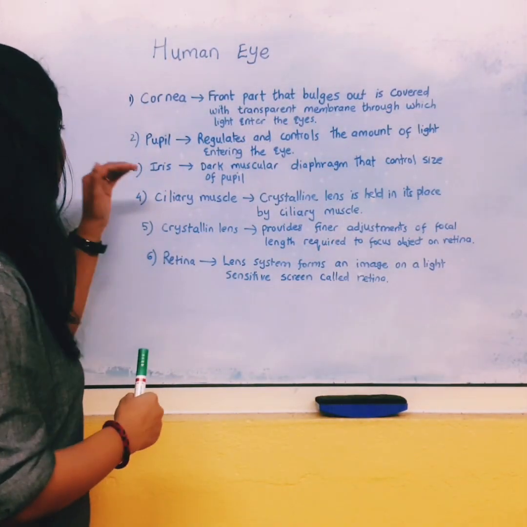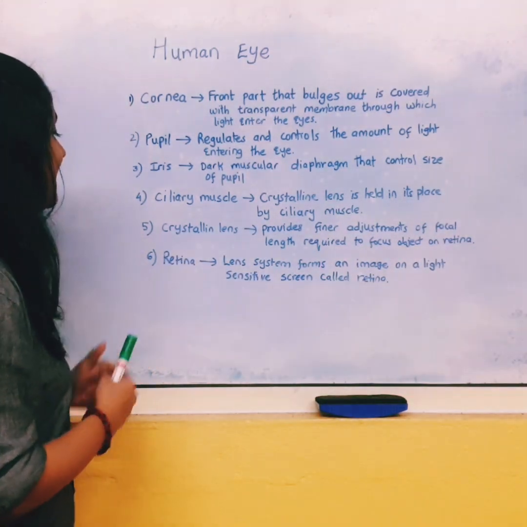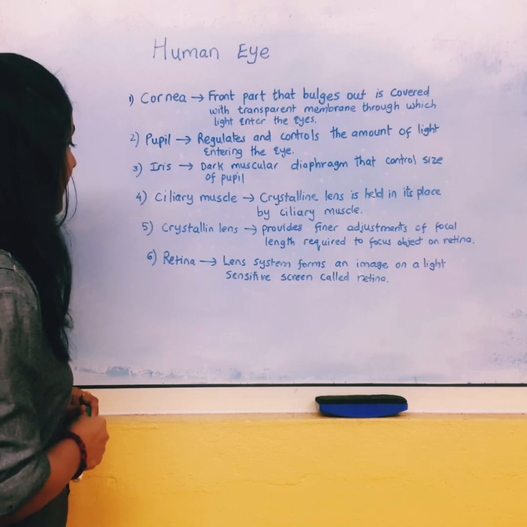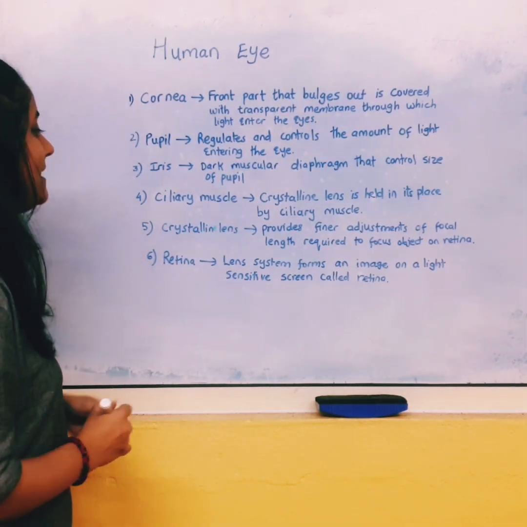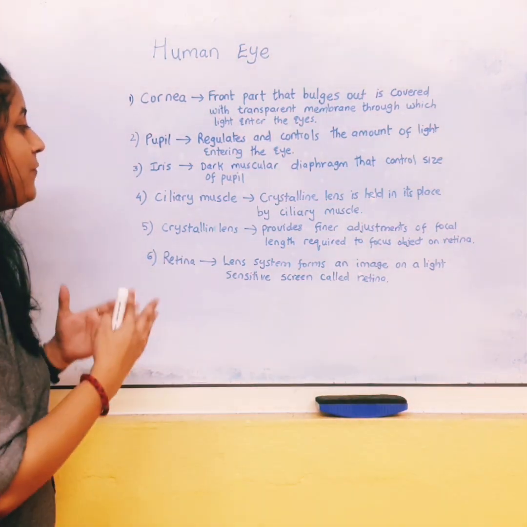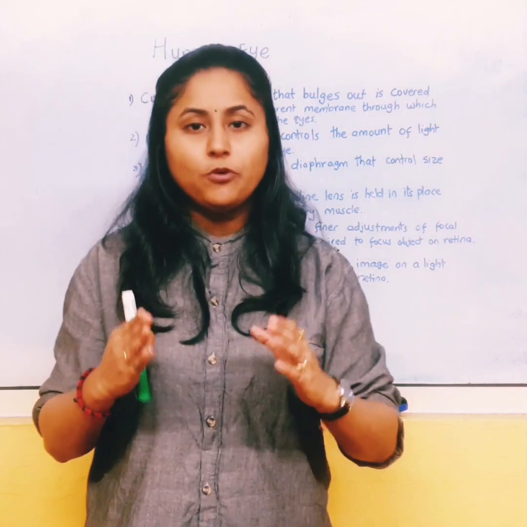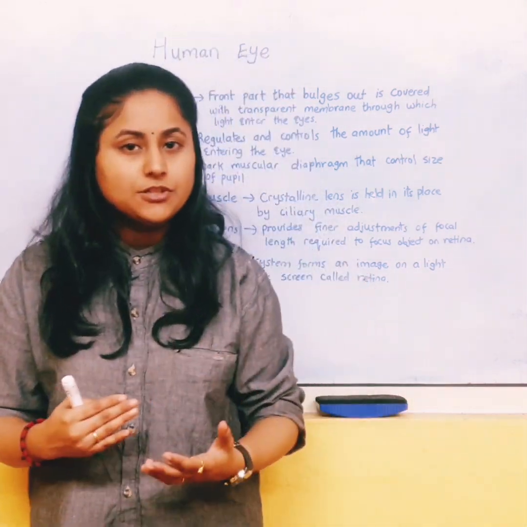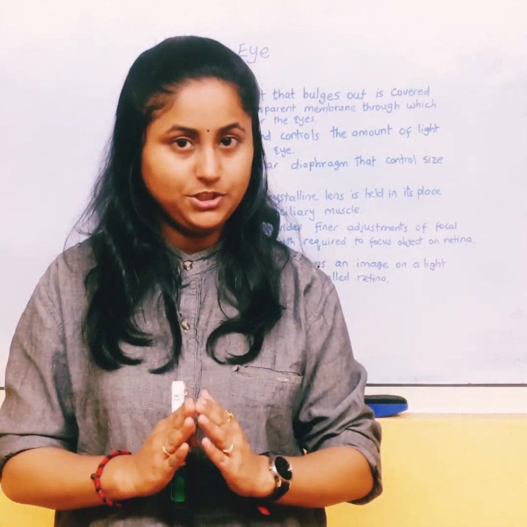Next, after the iris and pupil, behind that the crystalline lens is present. The crystalline lens provides finer adjustments of focal length required to focus an object on the retina. Now, what do we mean by focal length? What are these finer adjustments? You can understand that by referring to the chapter on light reflection and refraction.